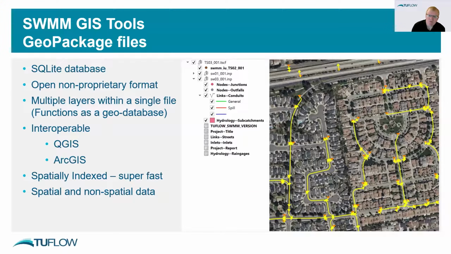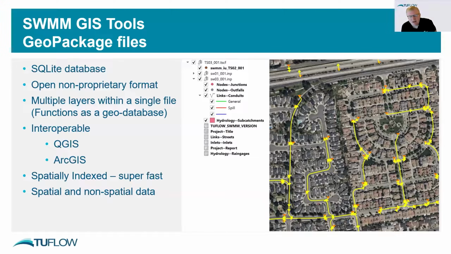The reasons we decided on those are that they're based on an SQLite database. It's an open, non-proprietary format. You can have multiple layers in a file. It works with both QGIS and ArcGIS, and everything works really fast.